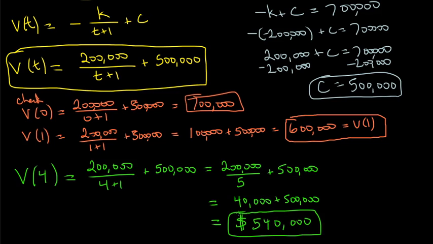So the machine originally cost $700,000. After 1 year, its value decreased to $600,000. And after 3 more years, the value decreased by another $60,000. So yes, the value is decreasing over time.